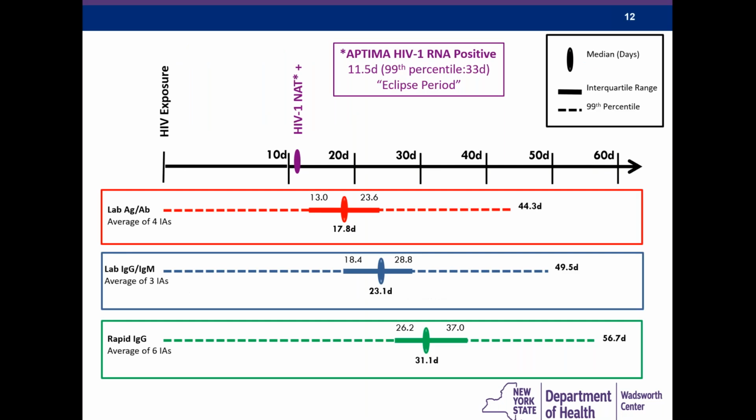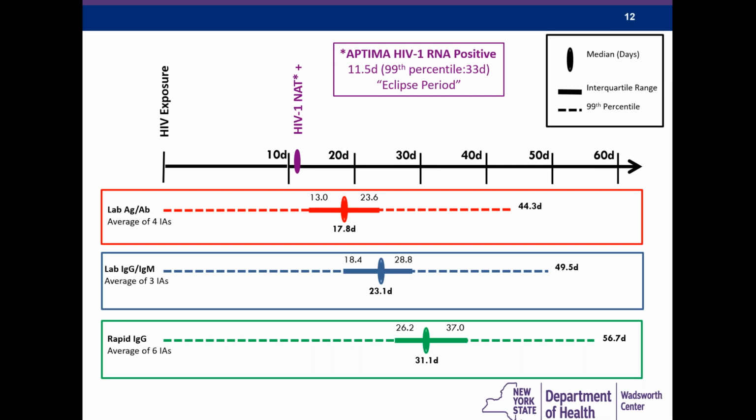So this slide summarizes the main results of this study. Just to give you a sense of what we're showing here, the oval represents the median for each test category of when it became reactive. And then there's a thick bar that shows the interquartile range for the 25th and 75th percentile. Using the data from this study, the eclipse period, which is the time to RNA detection, was estimated at 11.5 days.